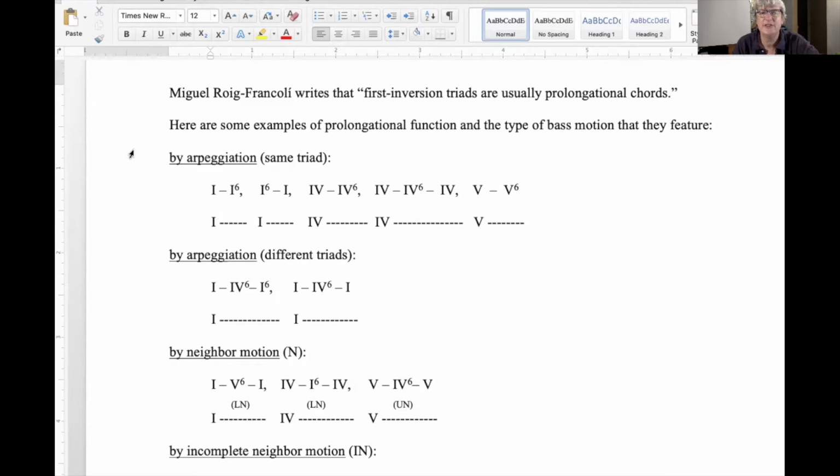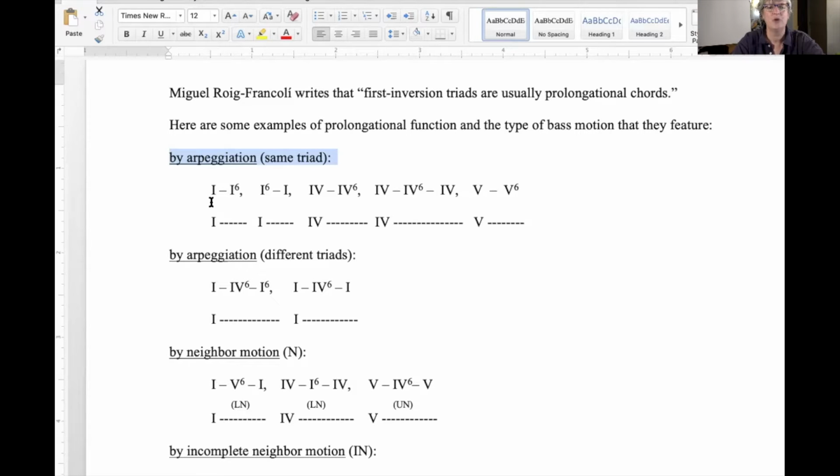I've written all of these examples from the point of view of the major mode, but please note that these would be the same simply with a vowel change between Me and Mi, between La and Lay, if we were in minor.